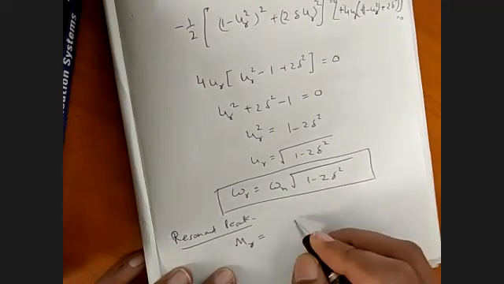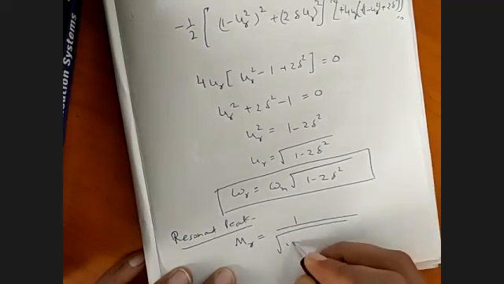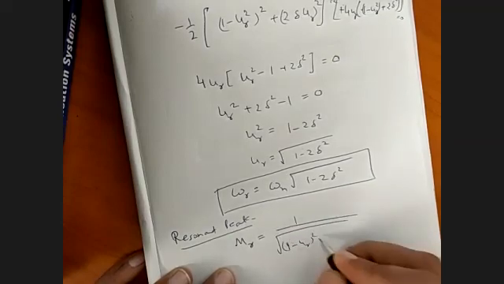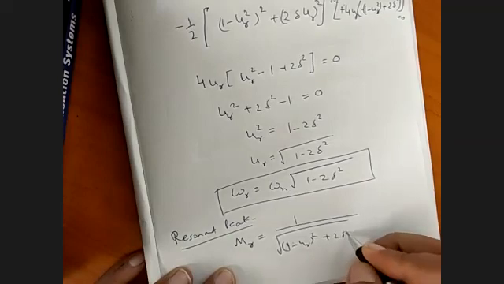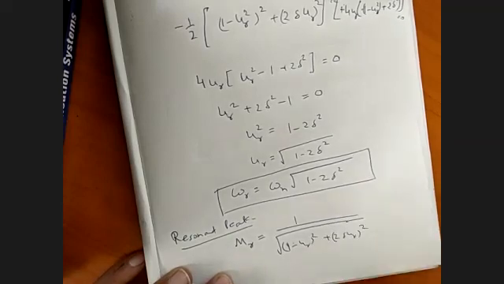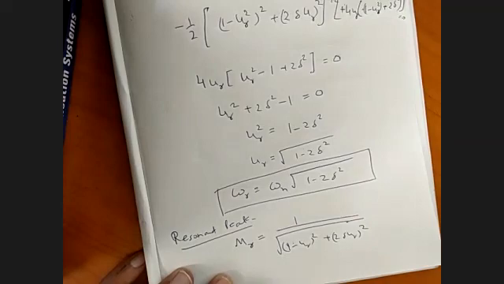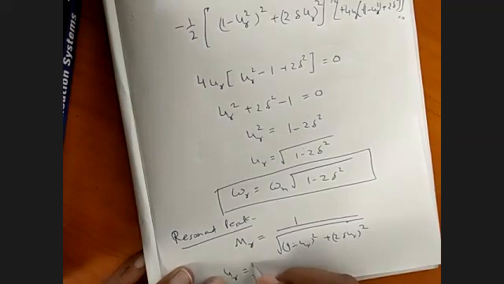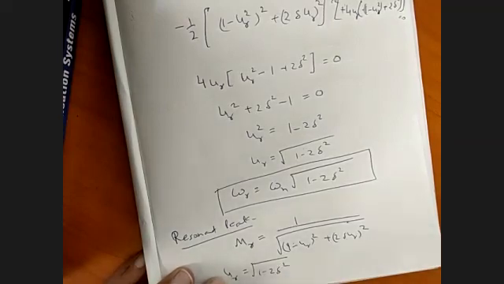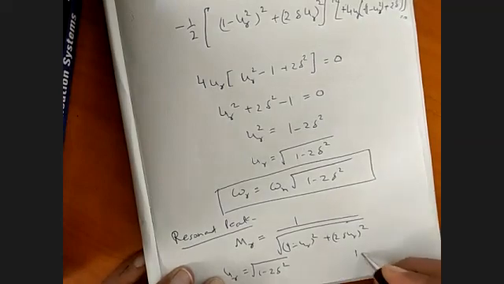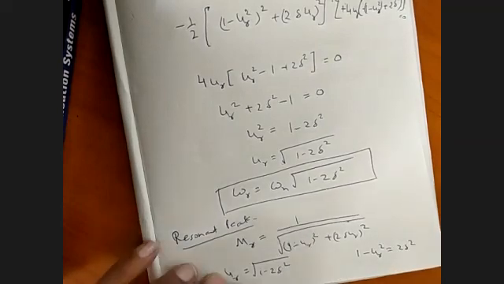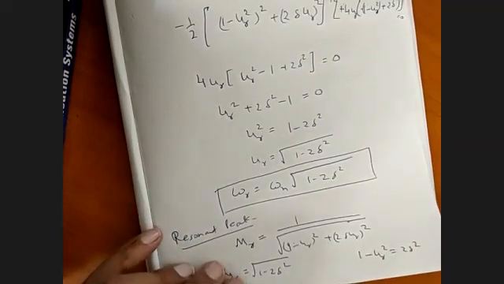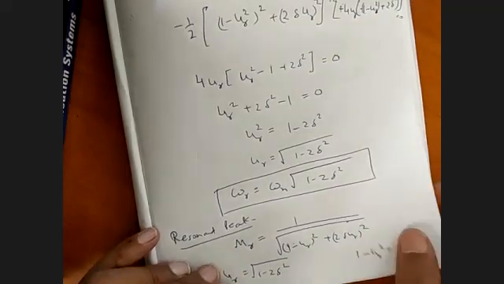So MR will become 1 upon under root 1 minus UR square plus 2 delta UR square, because MR is the resonant frequency. And now we have UR equal to under root 1 minus 2 del square, or we can say 1 minus UR square equal to 2 del square. तो ये वैल्यूज को यहां रख देंगे MR में.